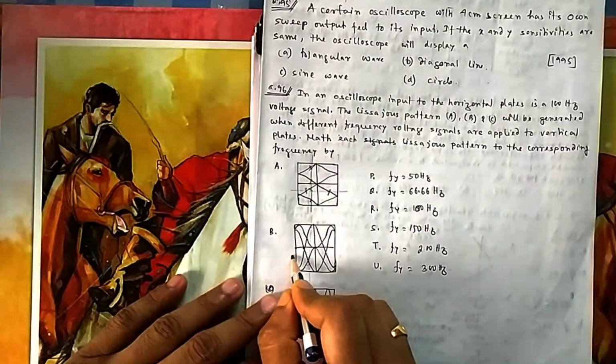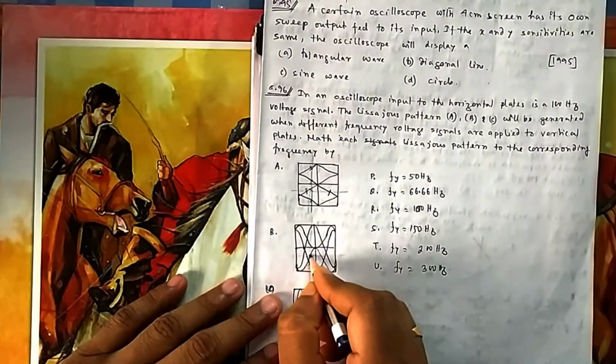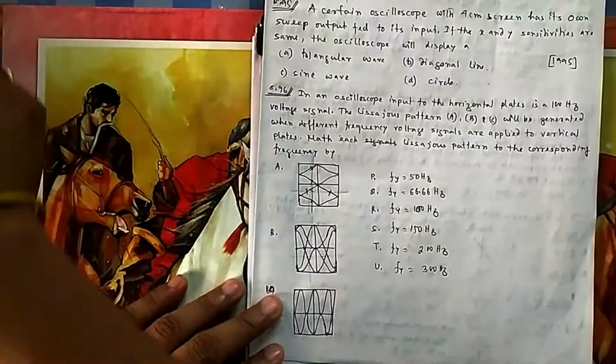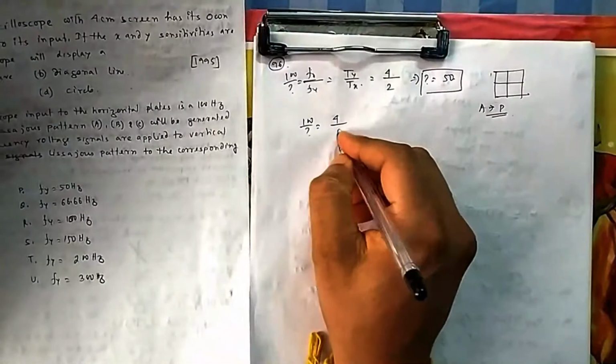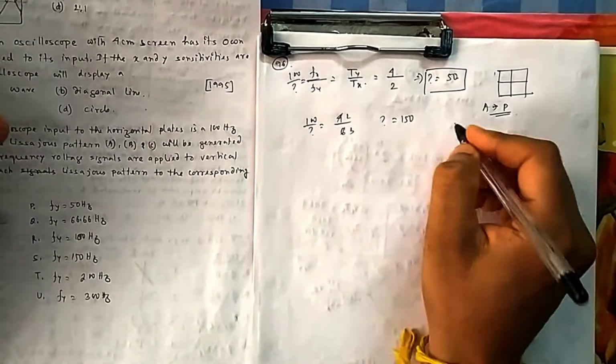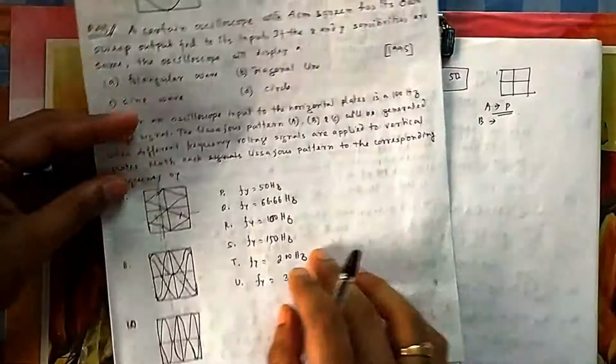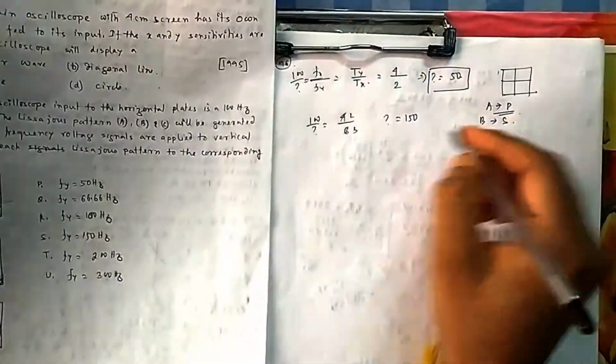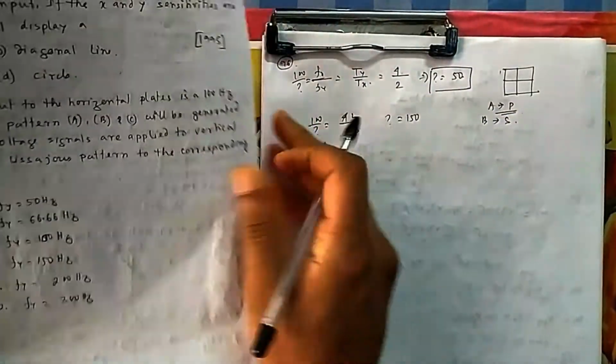So 1, 2, 3, 4, 5, 6. There are 6 cuts. So it will be 150. That means B will be linked with 150, which is S.